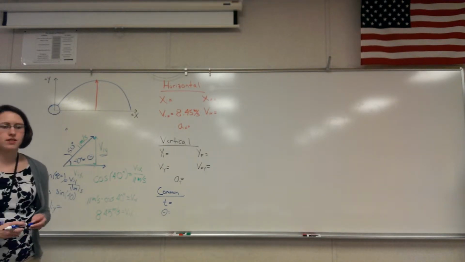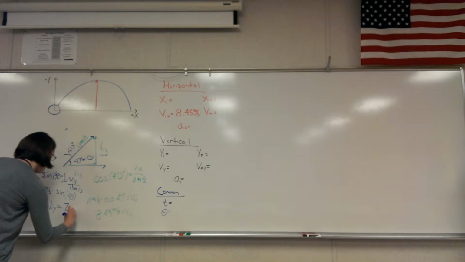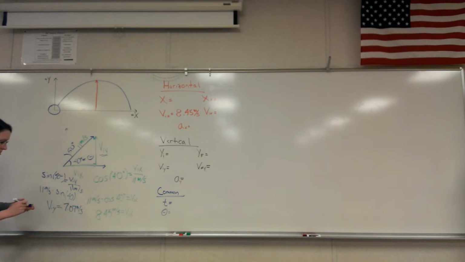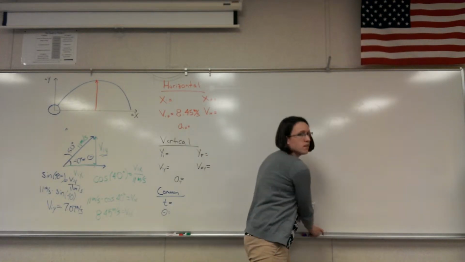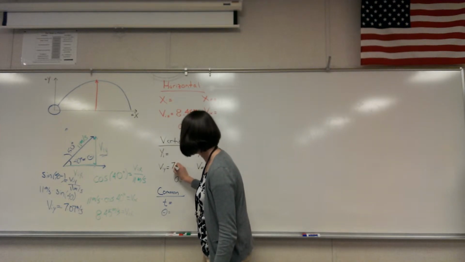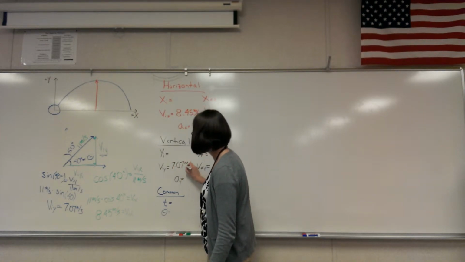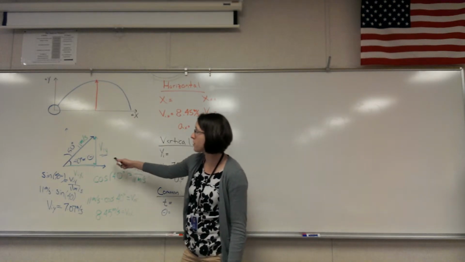I got 7.07 meters per second. This value would go under vertical on our table of initial values. 7.07 meters per second is our initial velocity in the vertical direction.